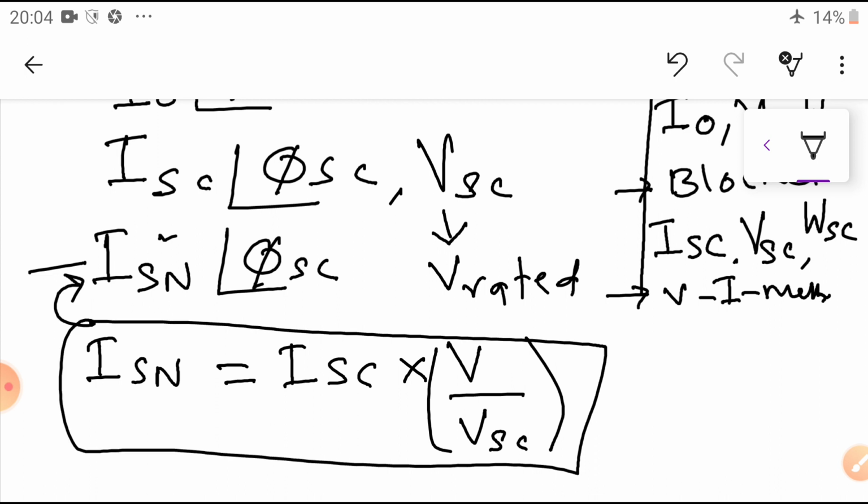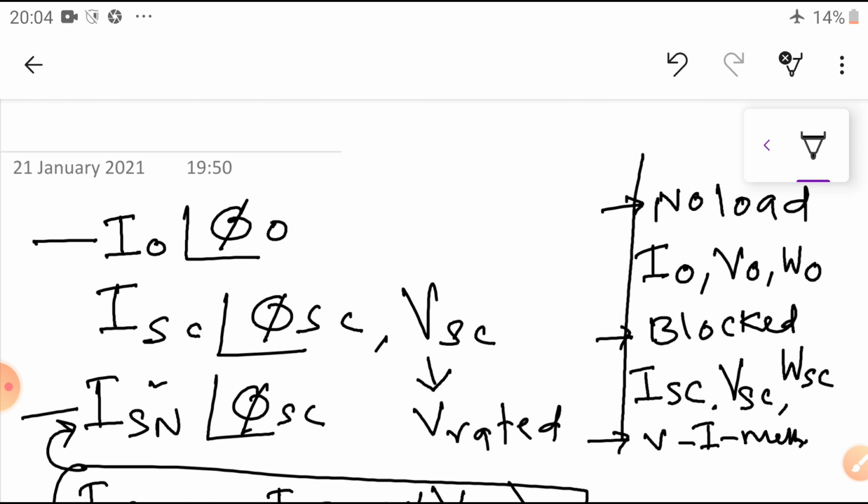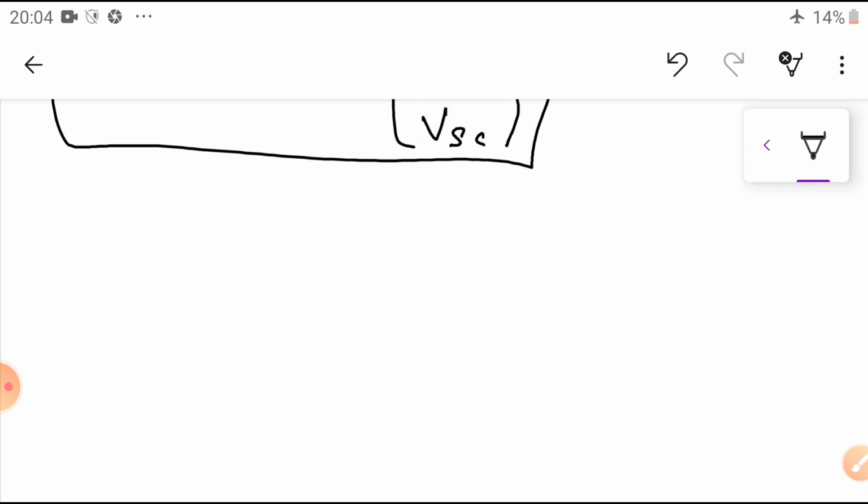Based on these values, I am going to draw the diagram. I know I0 at an angle of phi 0 and ISN at an angle of phi SC. So I can take this as the vector diagram.